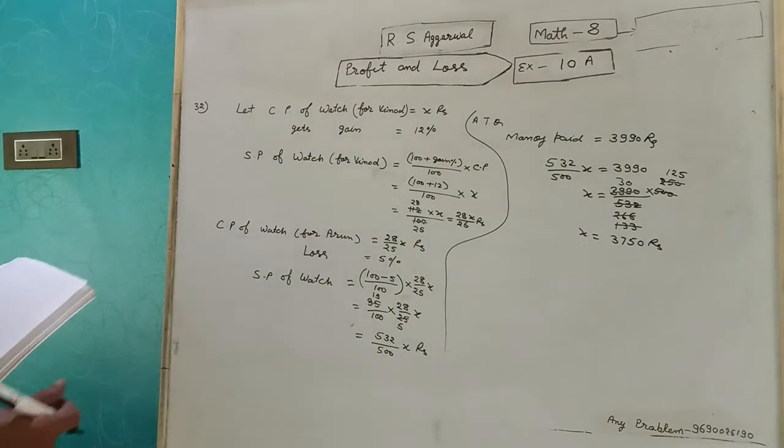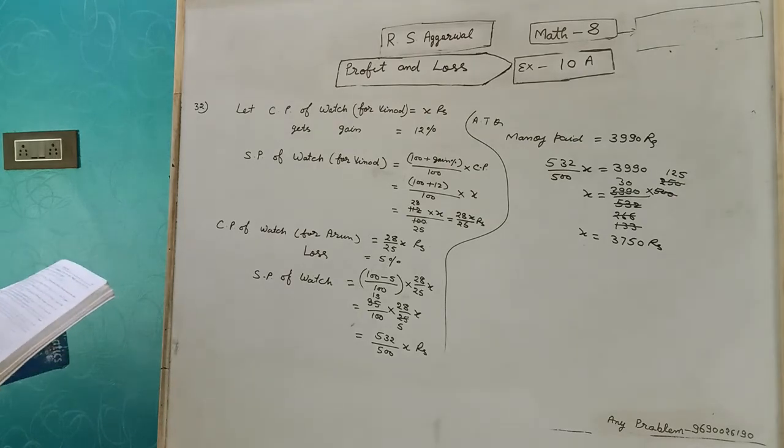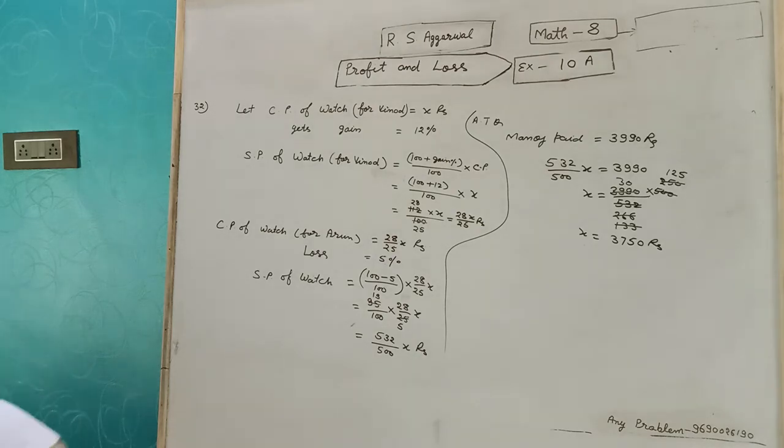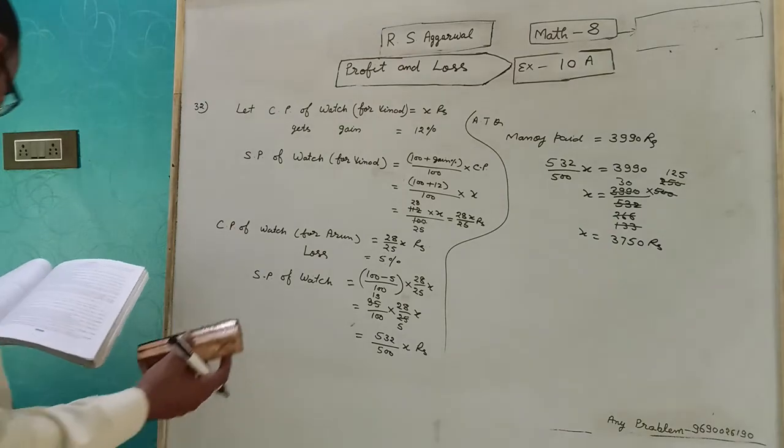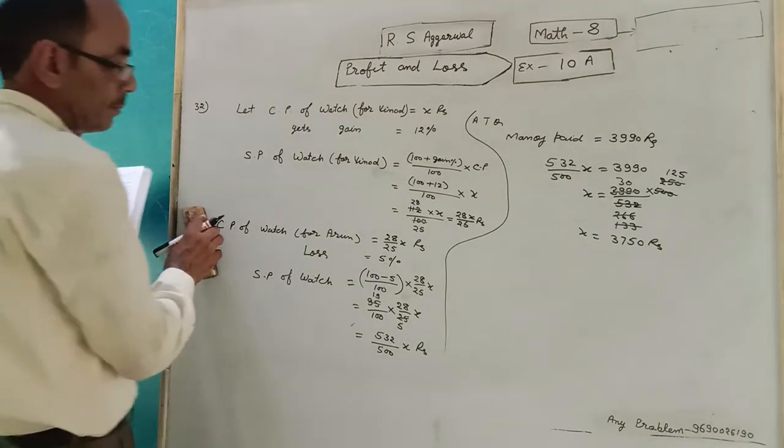So the CP of the watch for Vinod is 3,750 rupees. Question number 32 is complete.